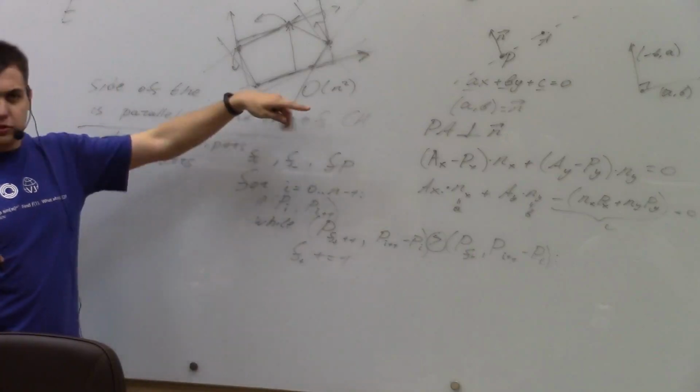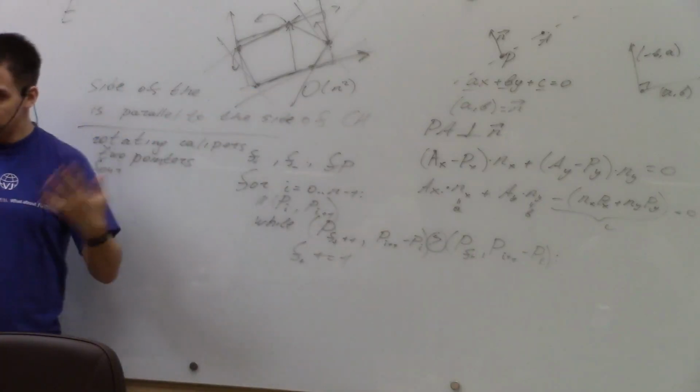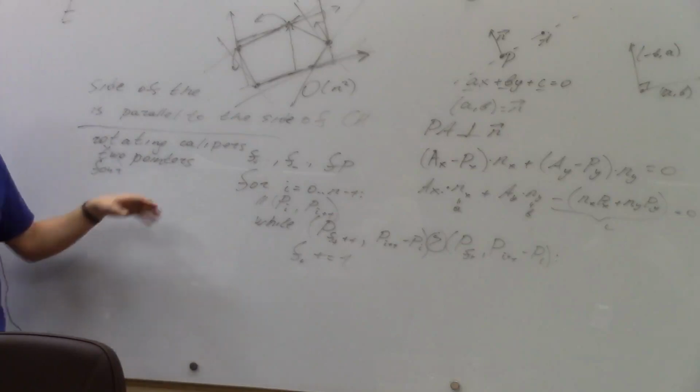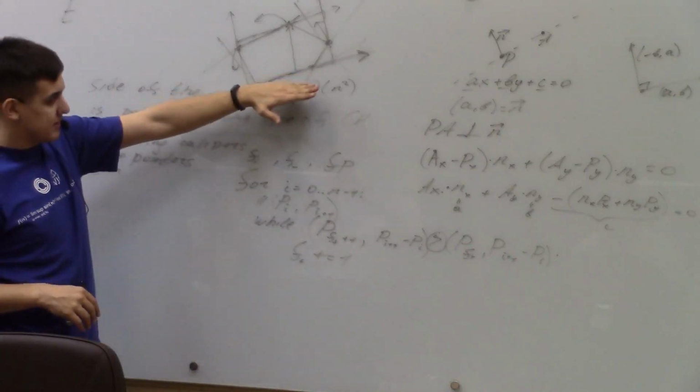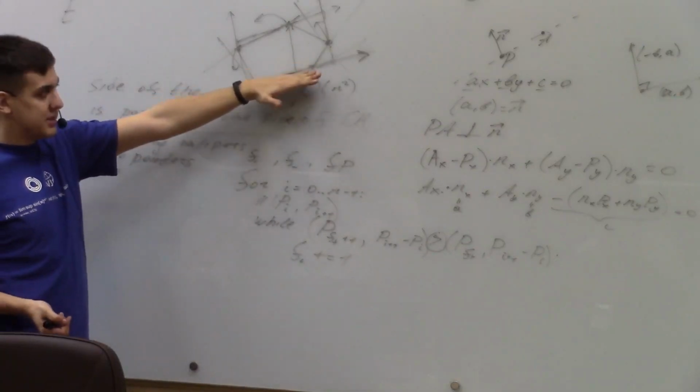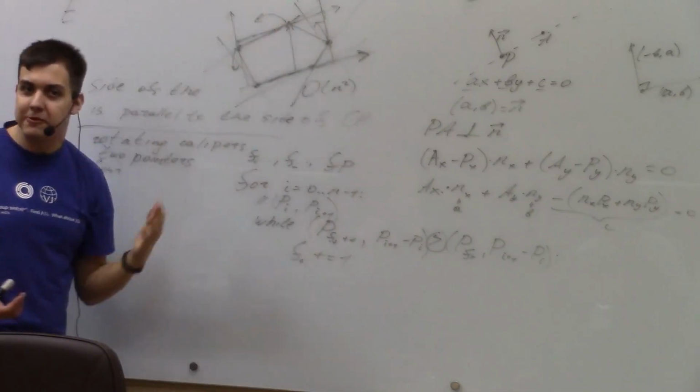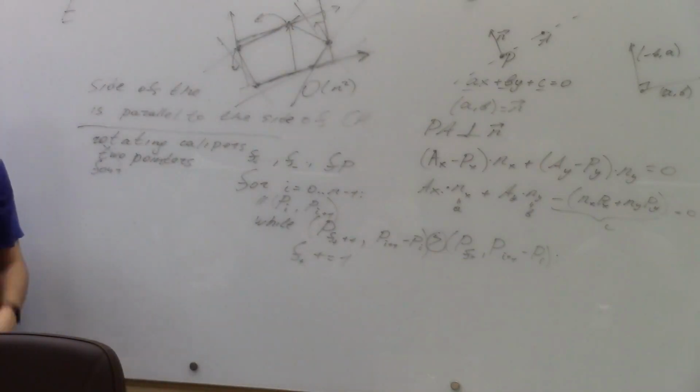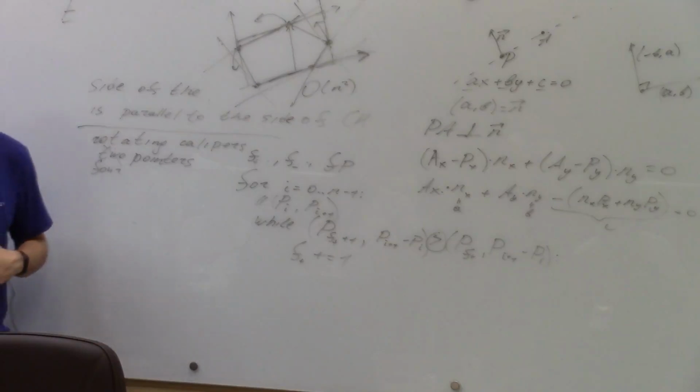So basically we can build all the different events. So for example, one side of the polygon is now parallel to this side, or one side of the polygon is now parallel to this side, or this is now the farthest point from this rectangle. You can build all such events, sort them, and use ternary search between the adjacent events. So this is usually the way to go.